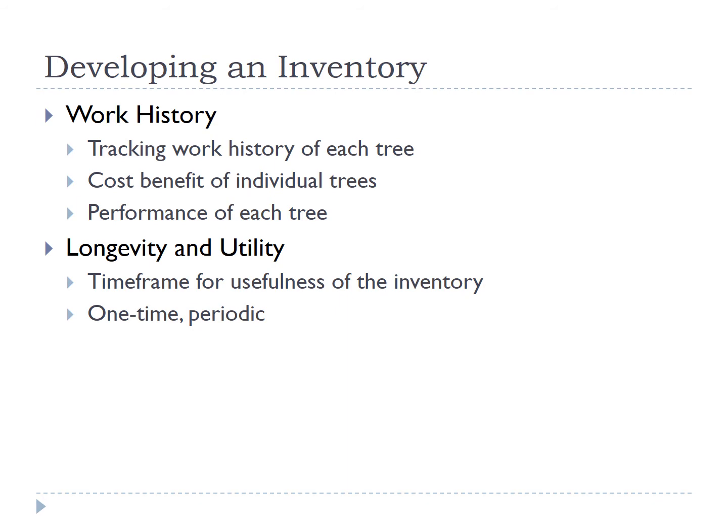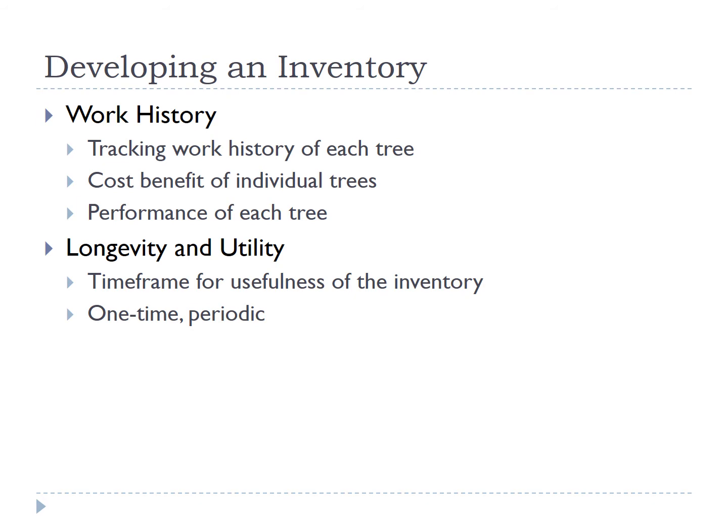And so when I'm looking at developing my inventory, I might want to know how often I'm going to be conducting that inventory and what other data that inventory can be linked to. Is that inventory just going to be a one-time inventory where I just need to go out and get some kind of understanding of what I have? Or is it periodic? Do I have it on a regular schedule where I know that data will be updated? And I also need to identify what the usefulness of that inventory is.